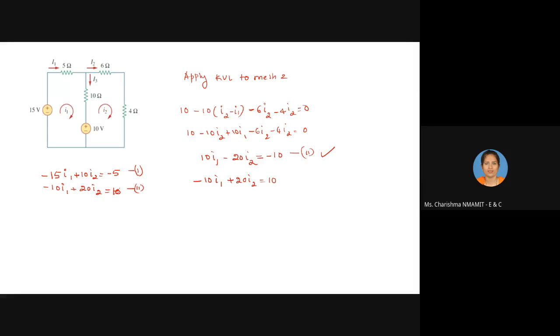Can you solve this and tell me what are the values of I1 and I2? You solve the linear equation. In your calculator you can use that equation. The number of variables is 2. Substitute the coefficients along with the sign, then find out the values of I1 and I2. Quickly tell me the answer.